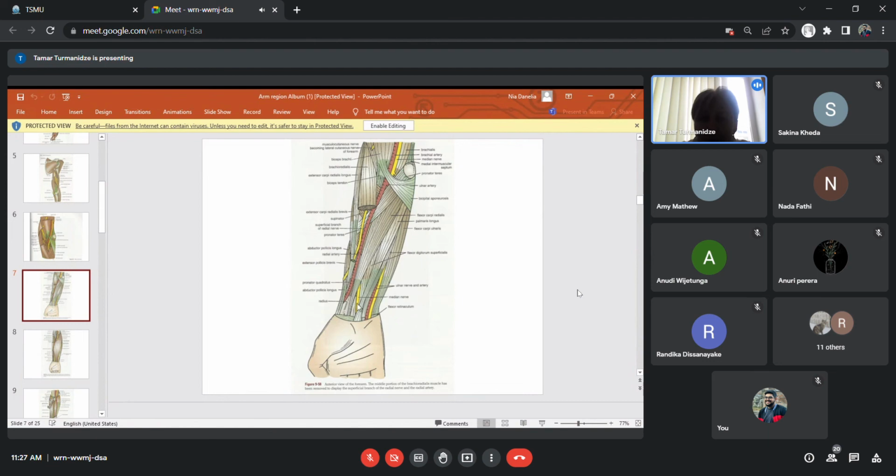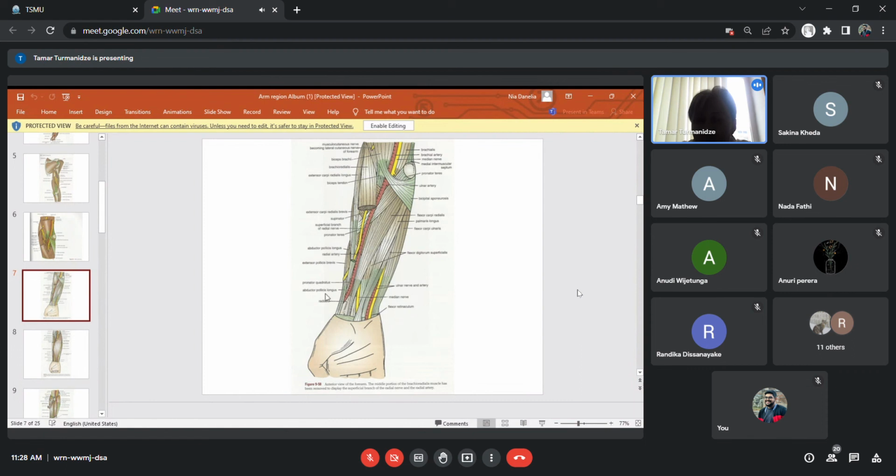Now on this picture, on the lateral side is shown brachioradialis, which is cut. It descends to the lateral side of the forearm region. Radial sulcus, look, in the superior third part of the forearm is formed laterally by brachioradialis muscle and medially by pronator teres muscle.